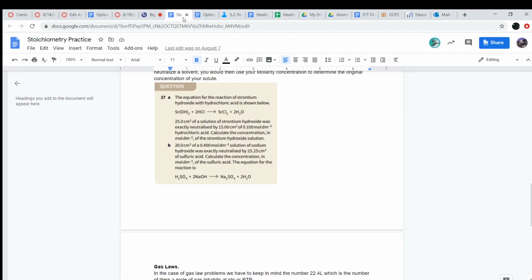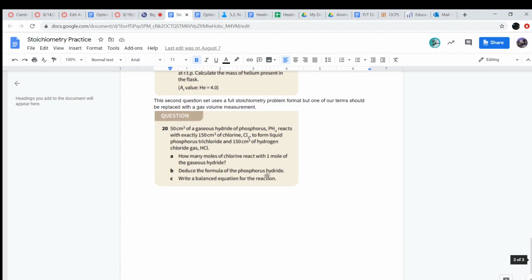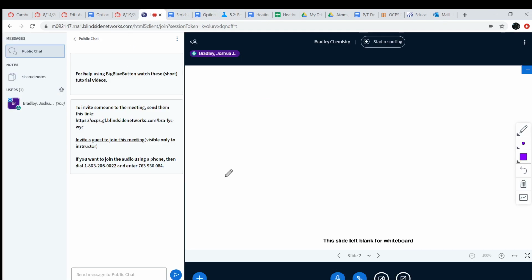I also saw that there were many people that were having issues with number 20. And number 20 is a different kind of a beast here, okay? So number 20 is another example where it's a problem-solving type of issue. And you're going to have to do your best critical thinking here.